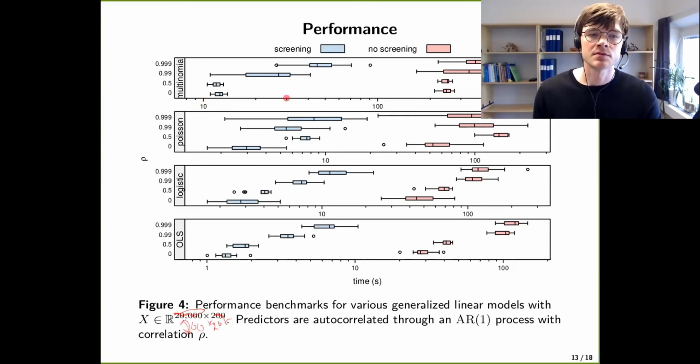The timings here are on the log 10 axis. All of the blue boxes represent time spent using the screening rule, and this is the time using no screening rule at all. And it is clear that we are improving performance by a lot, usually by at least a factor of 10.